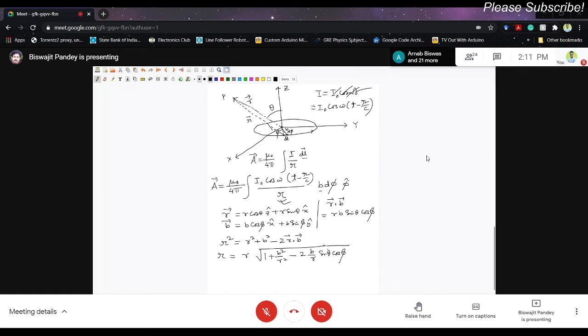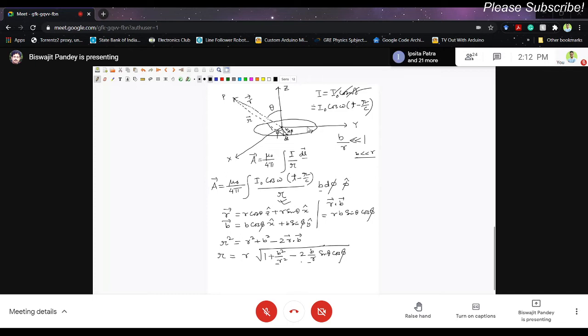You can also simplify this further, because b is the radius of the loop. This is the far field approximation, where b, the radius of the loop, is much smaller than the distance to the field point, so b by r is much less than 1. Comparing b by r whole square and b by r, the b by r term will be much larger. It's all about the relative importance of the terms.